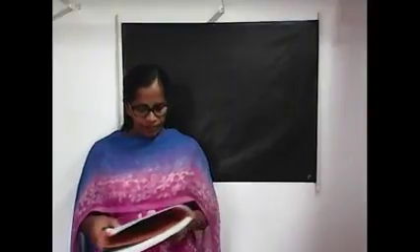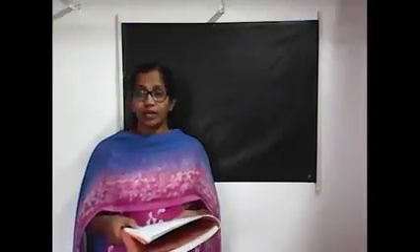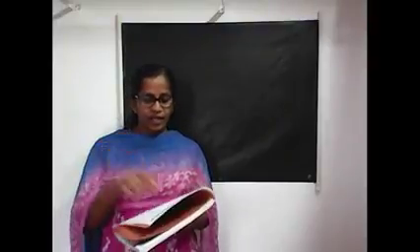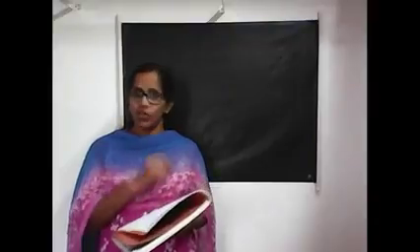Fourth question. How many students like pizza and burger all together? Look at the question. They want to know how many students like pizza and burger all together. So count the number of students in pizza, that is 1, 2, 3, 4, 5, 6 students.